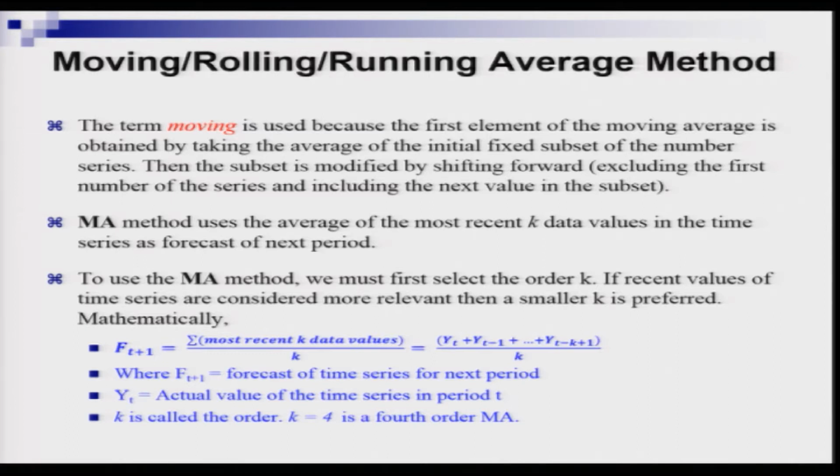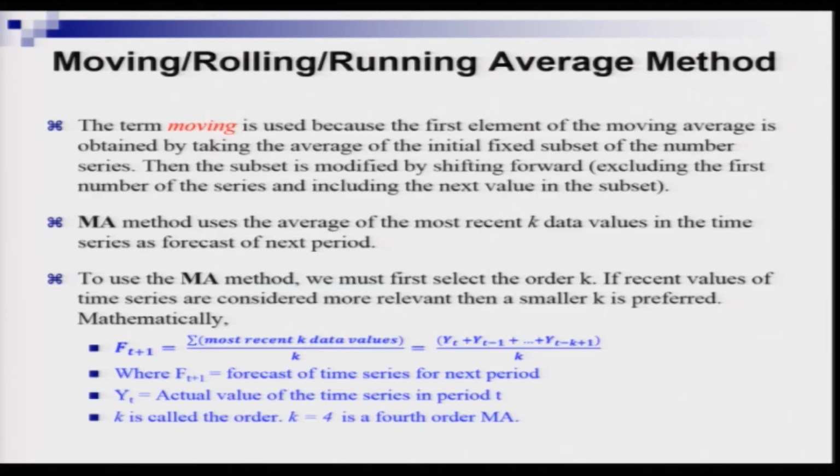Once we are done with the first average computation, we exclude the first observation from that subset. So, I exclude the quarter 1 of year 1 value, and include the quarter 1 of year 2 time series value in my subset, and then again compute the average, which gives me another average value.